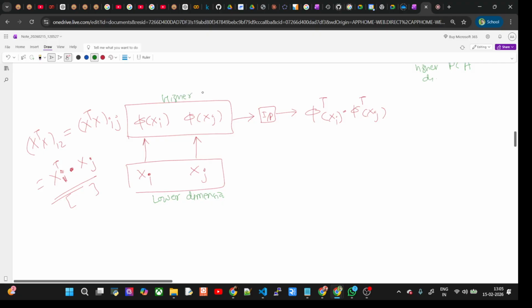Once you are in the higher dimension, you are calculating phi of x transpose into phi of xj. Okay, you are calculating this one, that's all.